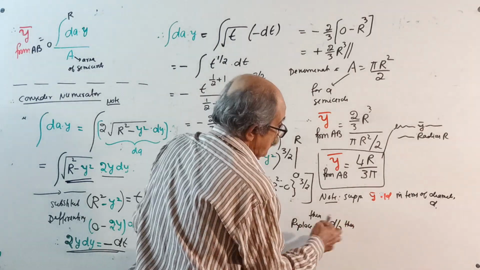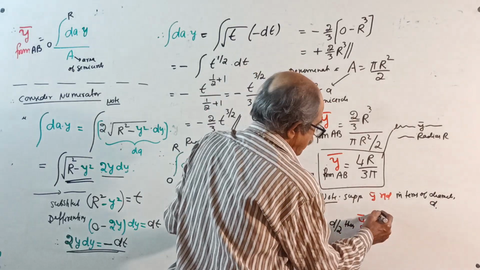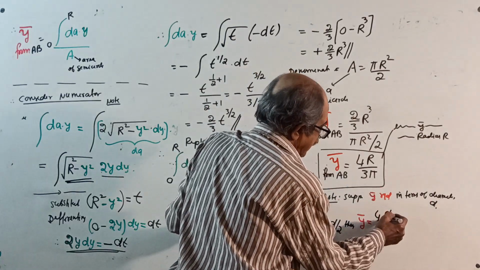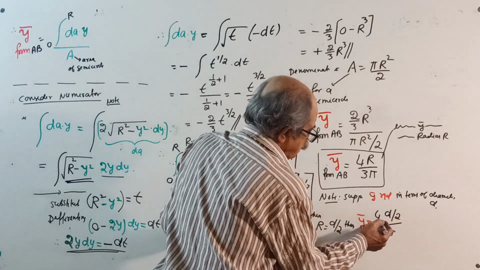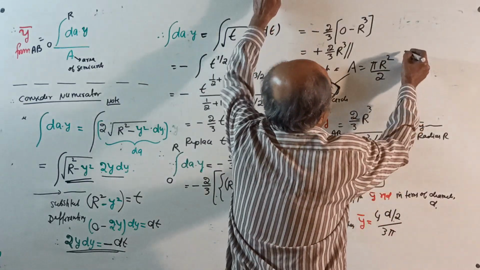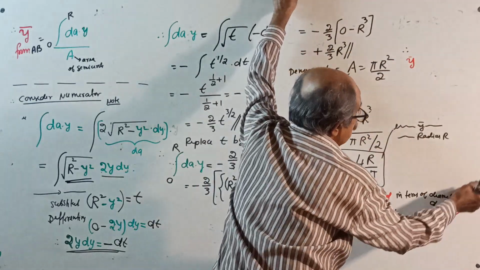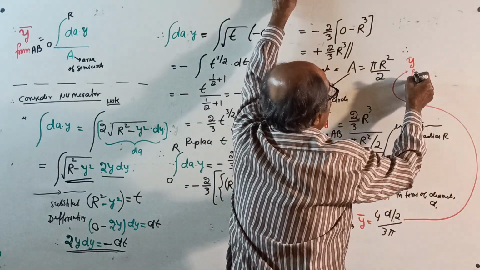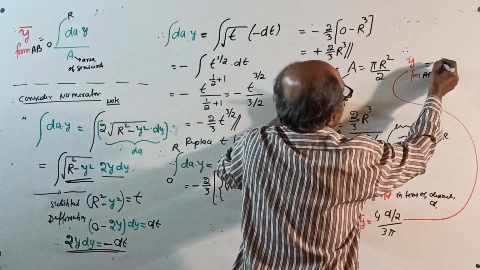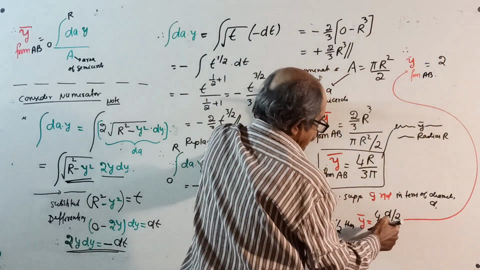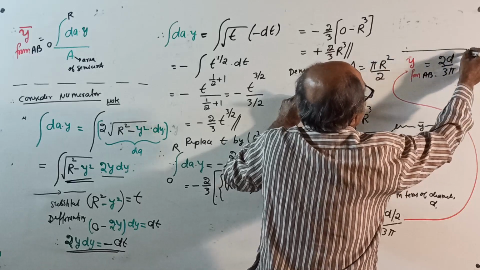Then your y bar will become how much? 4 into r, r is diameter by 2, divided by 3 pi. Therefore y bar from AB in terms of diameter will be 4 by 2 is 2, 2d by 3 pi. This is the answer for semicircle.